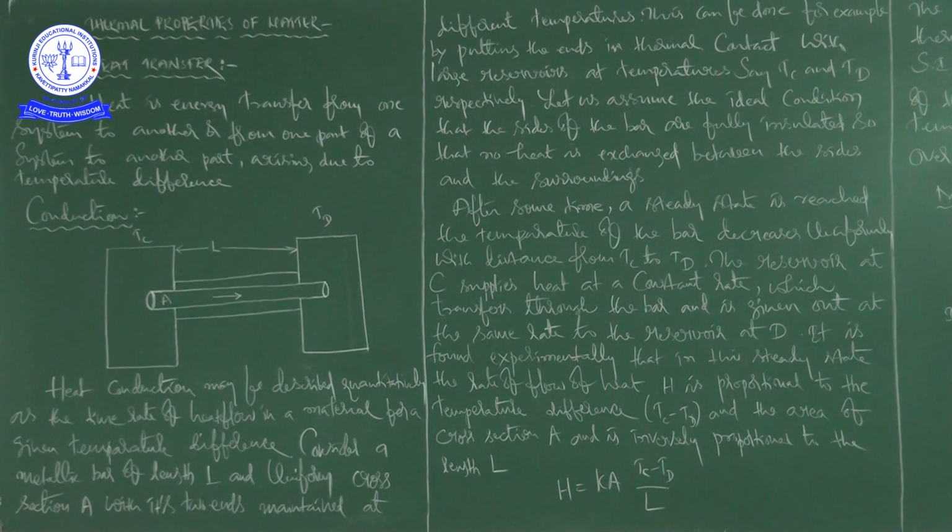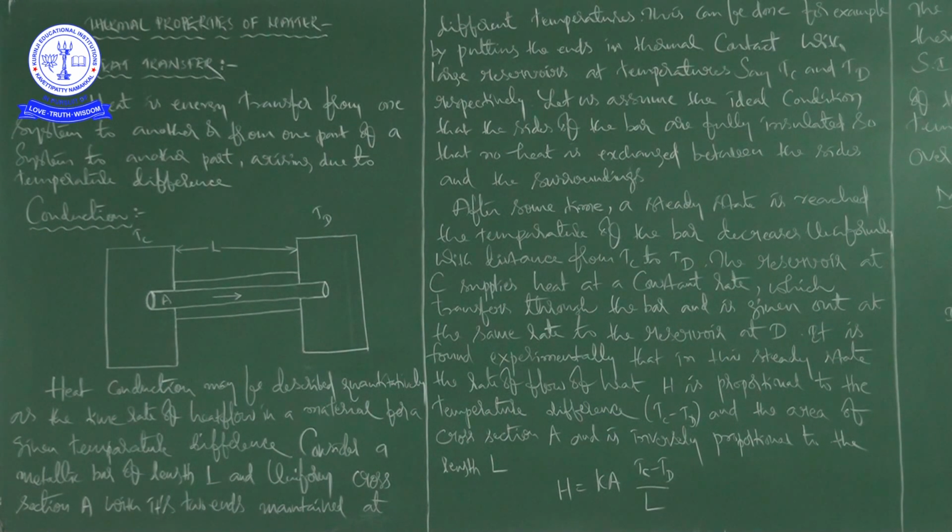This can be done, for example, by putting the ends in thermal contact with large reservoirs at temperatures, say TC and TD. TC and TD are different temperatures of the ends.